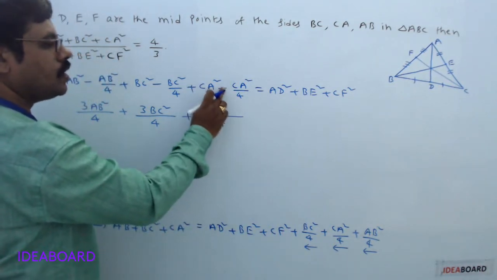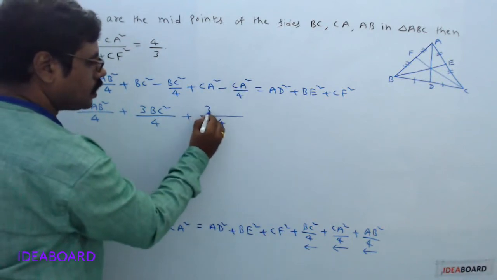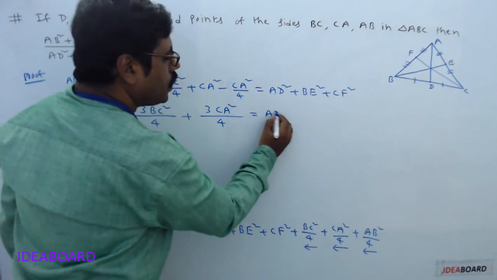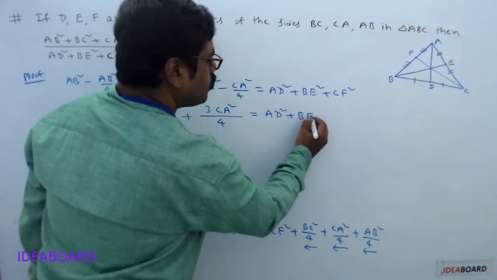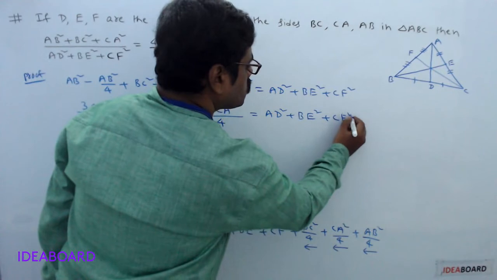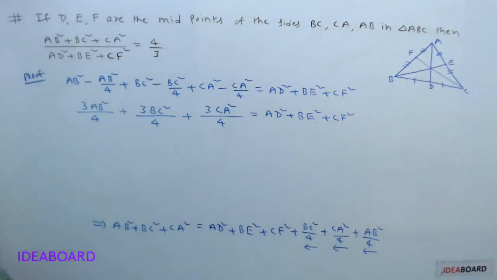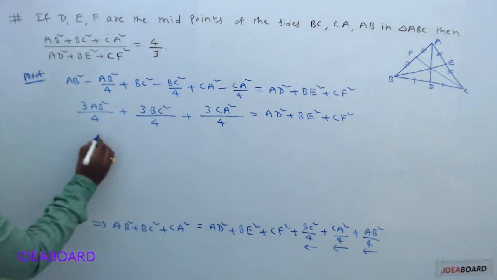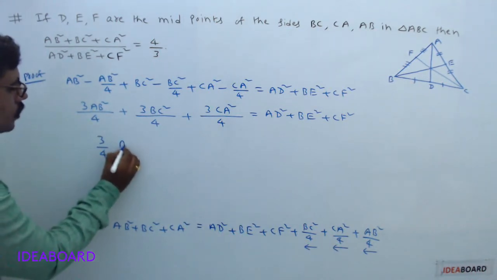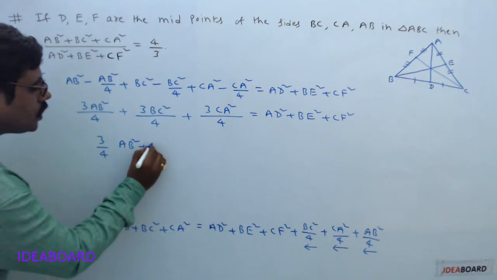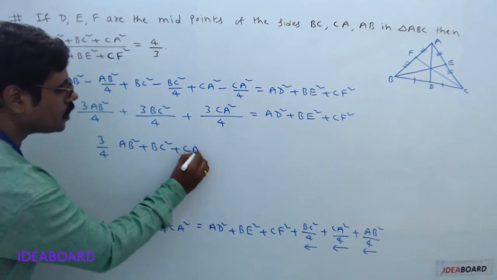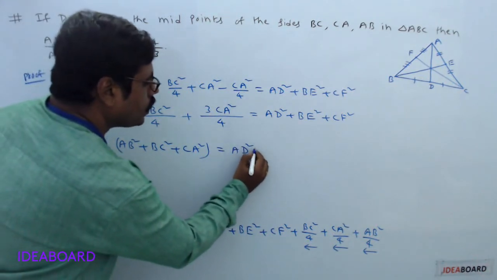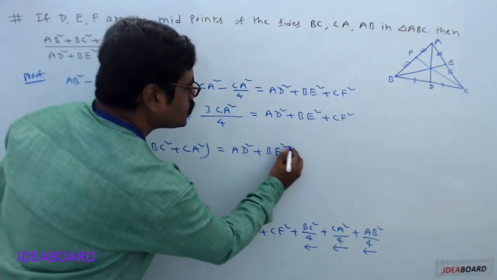So 4 into CA square minus CA square, that is 3 into CA square equals to AD square plus BE square plus CF square. Now take the common factor 3 by 4 from the LHS part. It is 3 by 4 into AB square plus BC square plus CA square equals to AD square plus BE square plus CF square.